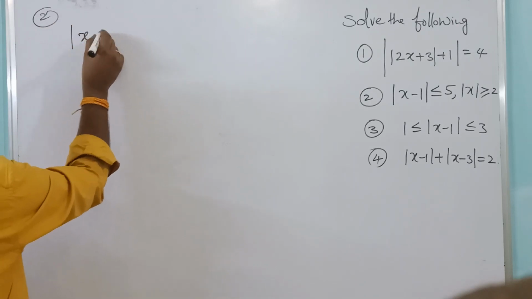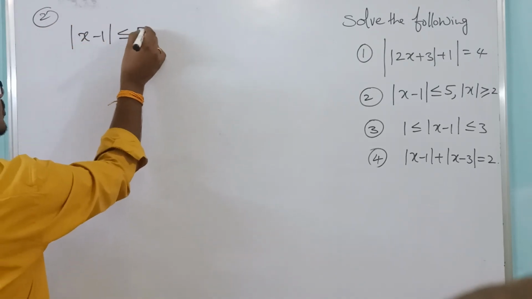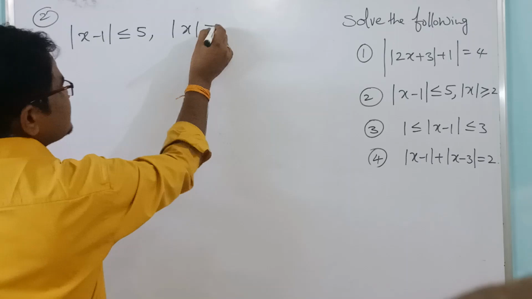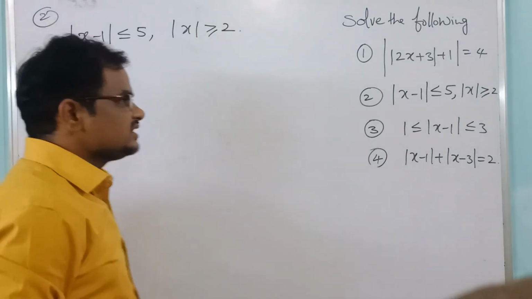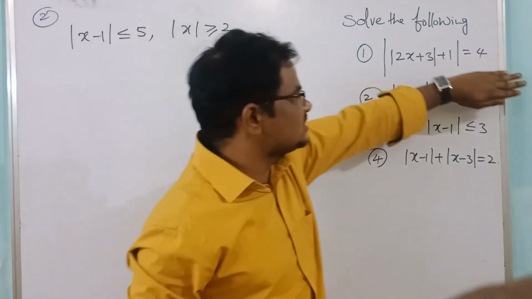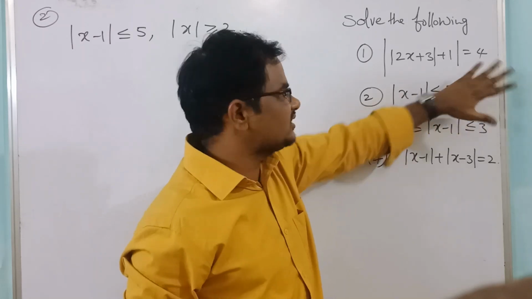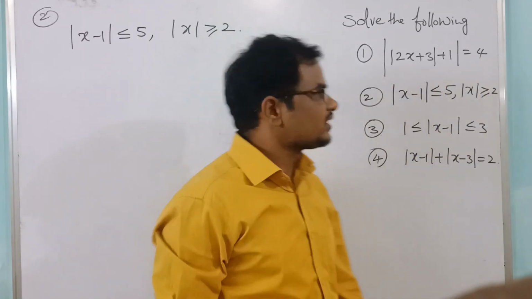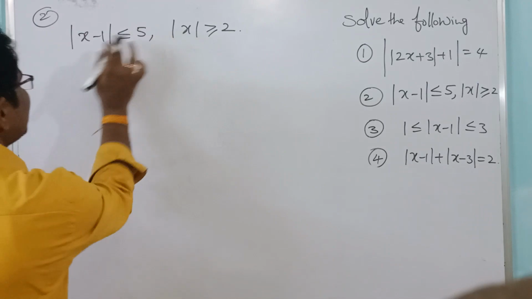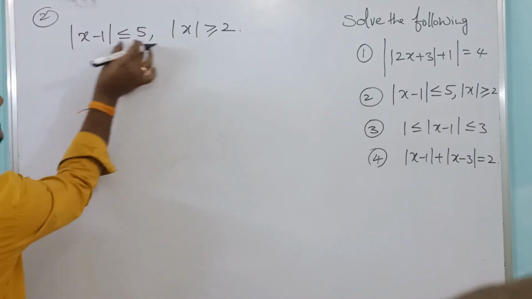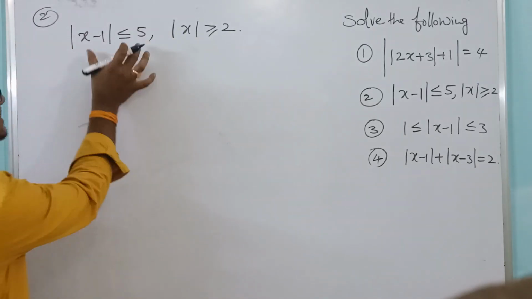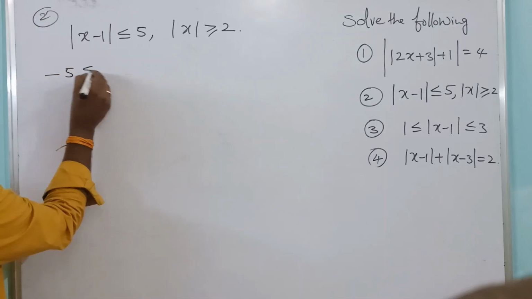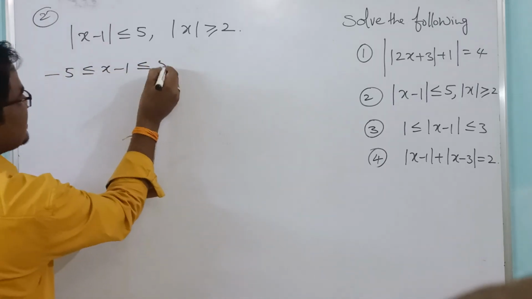Modulus of x minus 1 less than or equal to 5 is there, and modulus of x greater than or equal to 2. It means we have to find this solution and this solution, and after that we have to take the intersection. Now for that, it is in the form of mod x less than or equal to a. So this can be written as minus 5 less than or equal to x minus 1 less than or equal to 5.